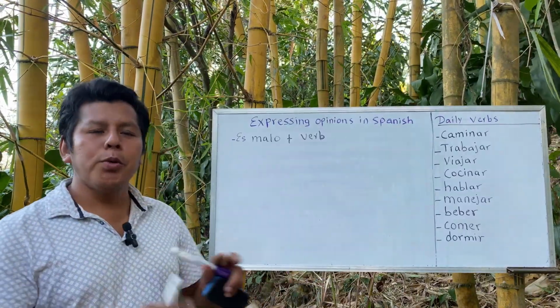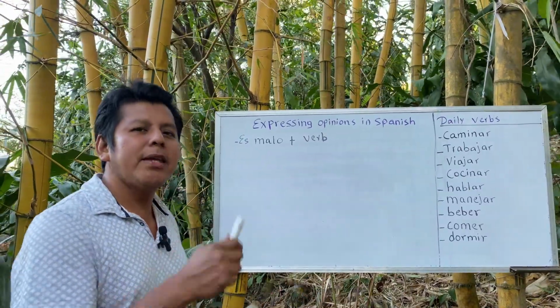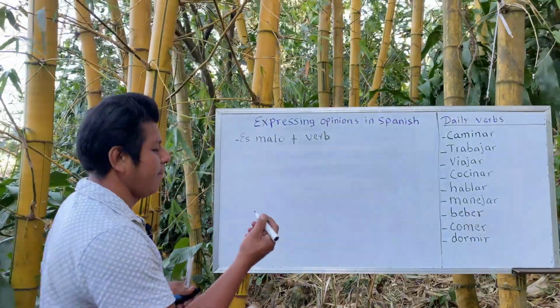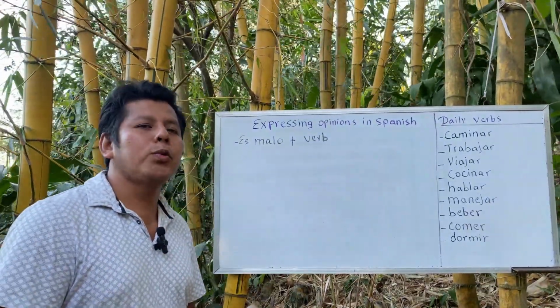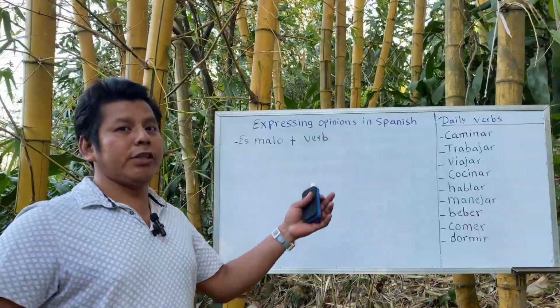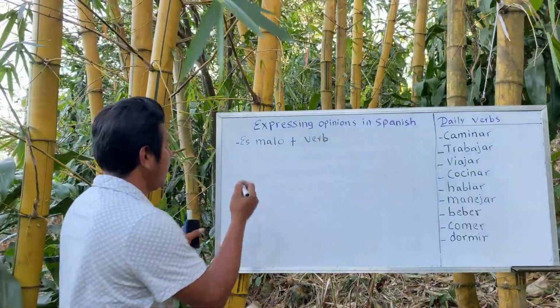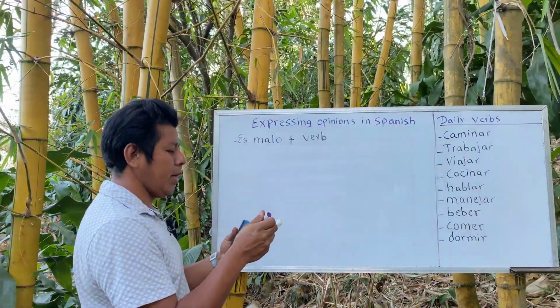It's bad to do something. Let's make the first example. What if we want to express that it's bad to sleep a lot? Let's do it. Okay, we are changing.